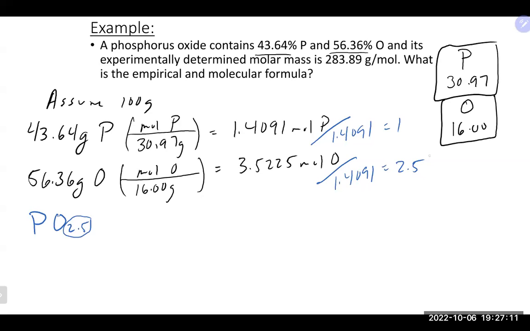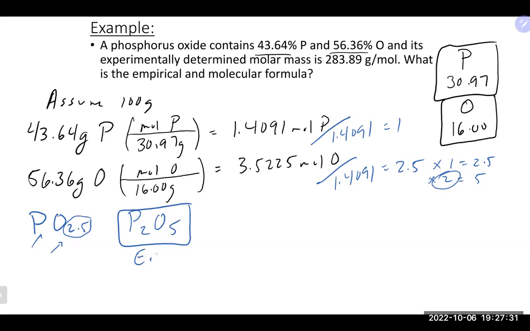If you times that by 1, that's 2.5. If you times it by 2, that is 5. So we can multiply this empirical formula by a factor of 2 to get a whole number. We multiply both of these by 2, and that would get us P2O5 as the proper empirical formula. Any questions on that there?